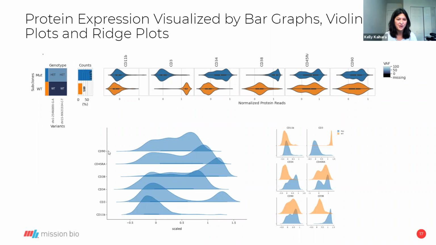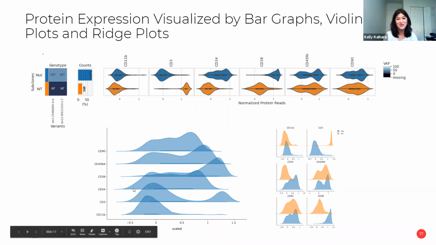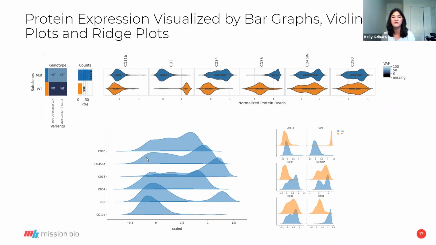Versus if we look at these other markers like CD90, CD45RA, we see more of a continuum of expression where each cell might be low, medium, or high expression. And so I think ridge plots do a really beautiful job of depicting the expression level across all of your cells and whether it's binary or exists more on a continuum.